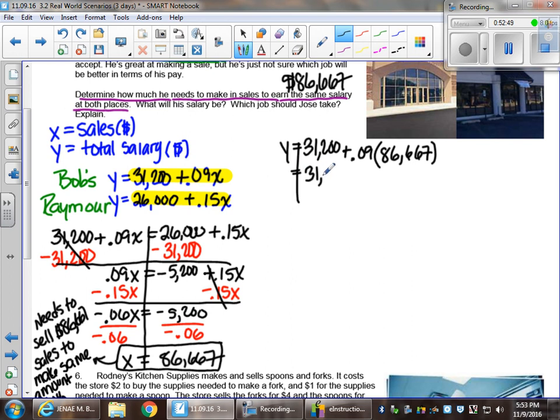So that's 31,200. In your calculators, let's do 0.09 times 86,667. What do you get? I get 7,800.03. Adding those two things together, 31,200 plus 7,800.03. All calculator work. Use your calculator.